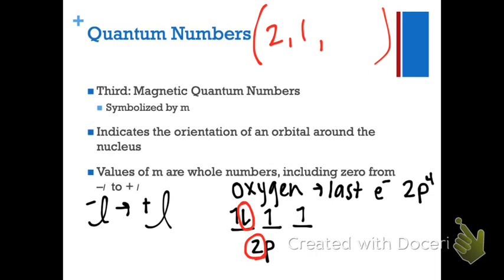The third part of our quantum number tells us the orientation of the orbital, or what version of the p orbital. To find this, we look at these 3 versions of the p orbital. It's in this one right here, right?